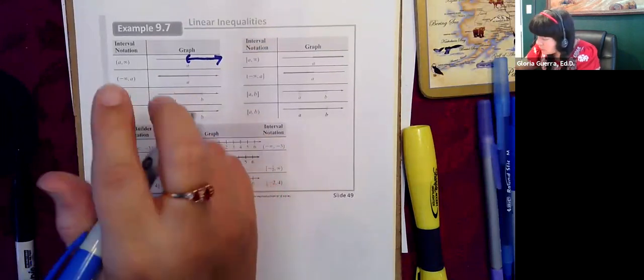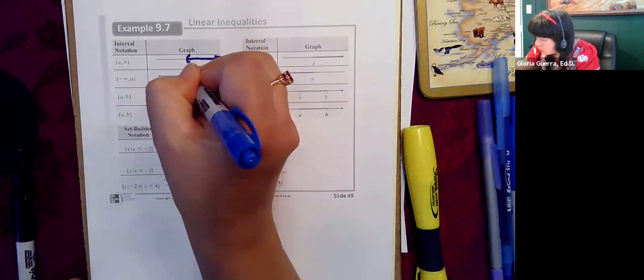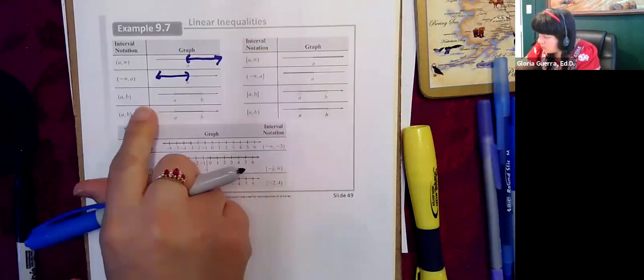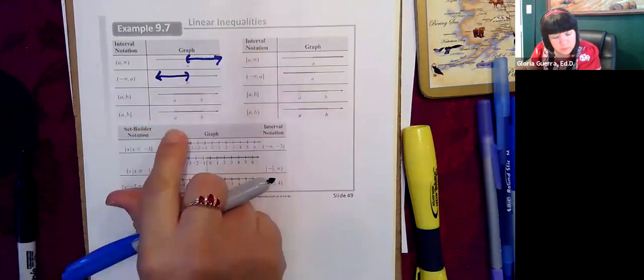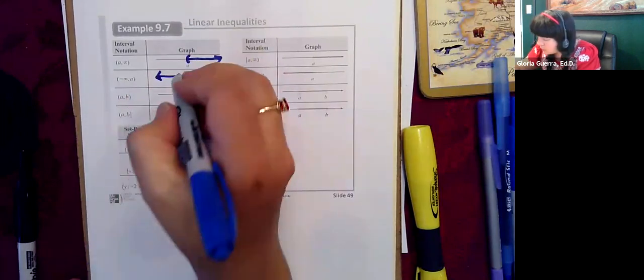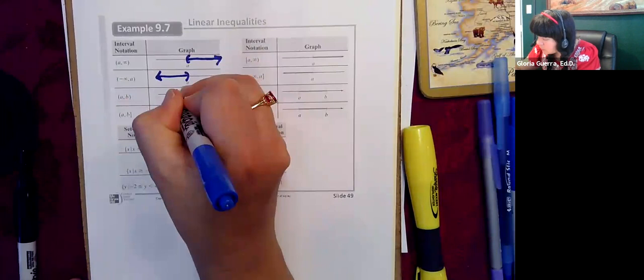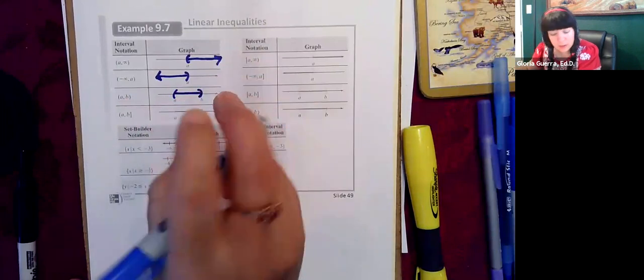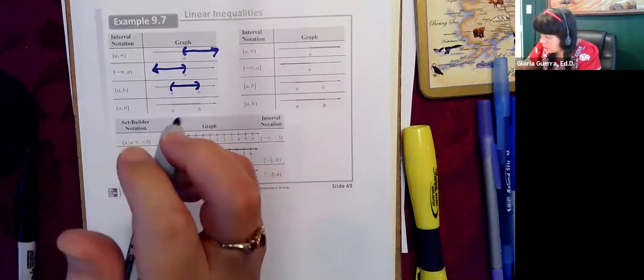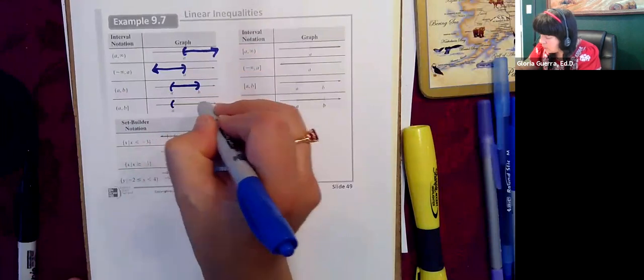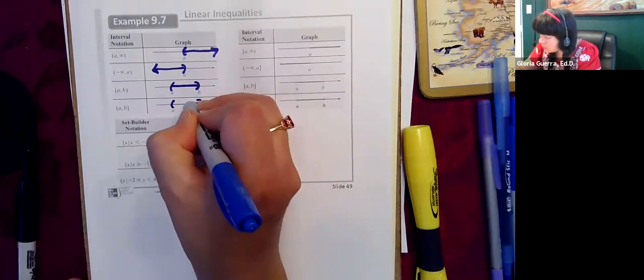Here, this graph is parentheses and shaded in this direction. Here you have both parentheses, and this is a sandwich, compound inequality. Here you have parentheses and then a bracket, sandwiched in between.